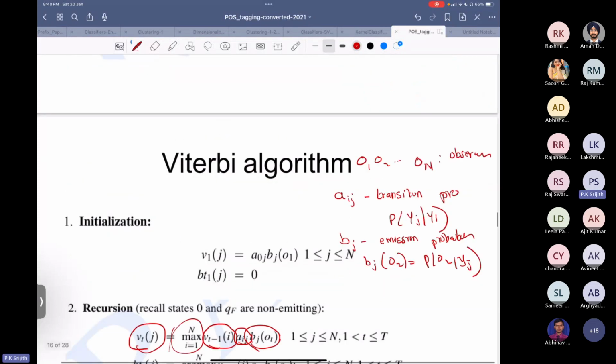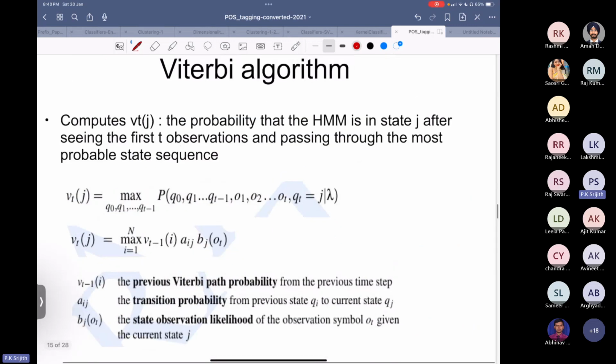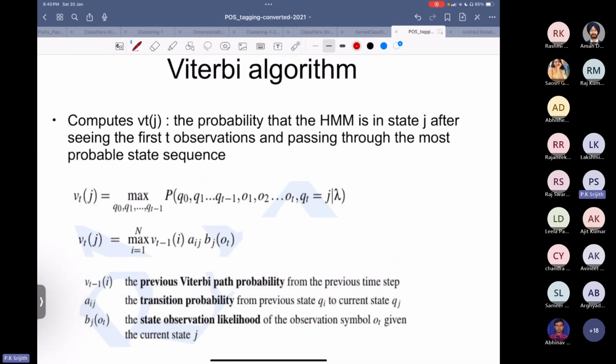The meaning of this Vt of j is this: it is the probability that you are in state j.